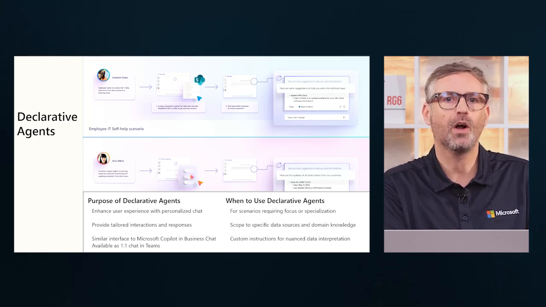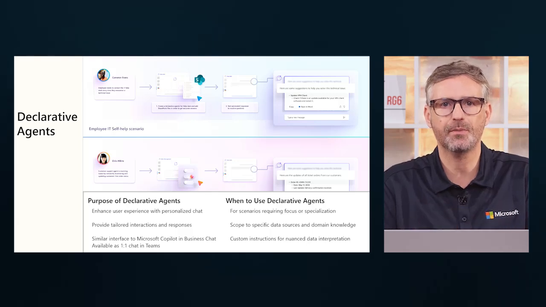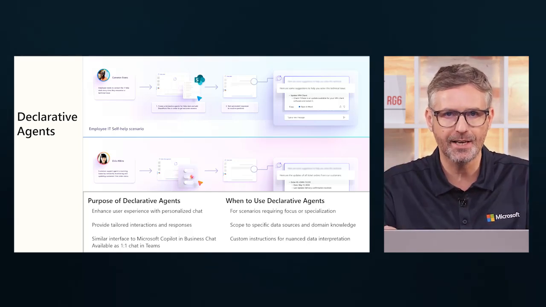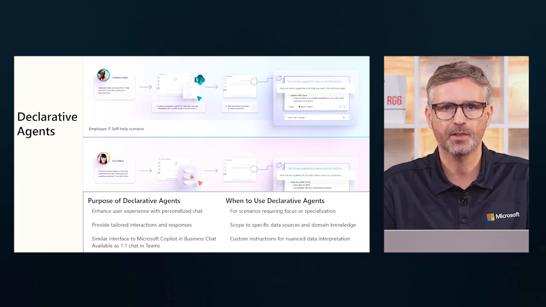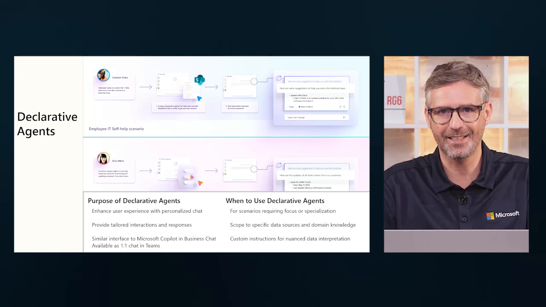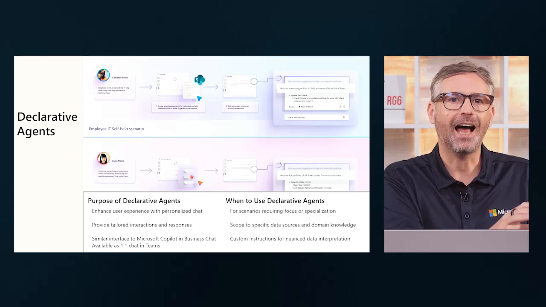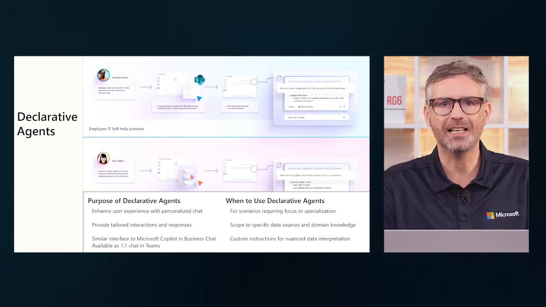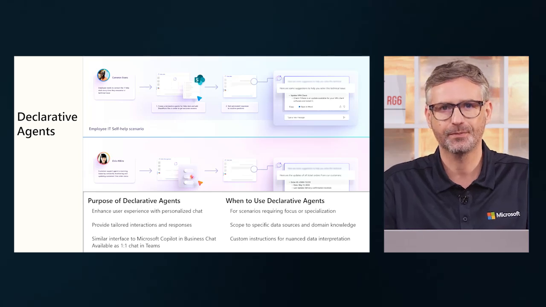I'm talking about the well-known declarative agents, which are designed to enhance the user experience by allowing the creation of personalized chat experiences to provide tailored interaction and responses, with a similar look and feel with the Microsoft Copilot interface in business chat, also as one-to-one chat in Teams. Build a declarative agent if you want a specific agent for particular tasks and domain knowledge.